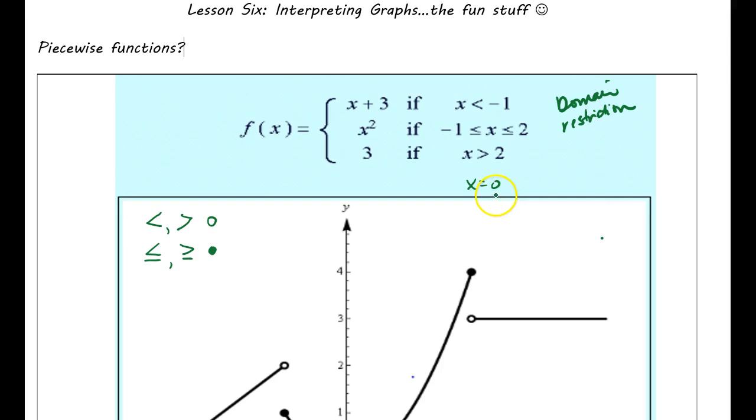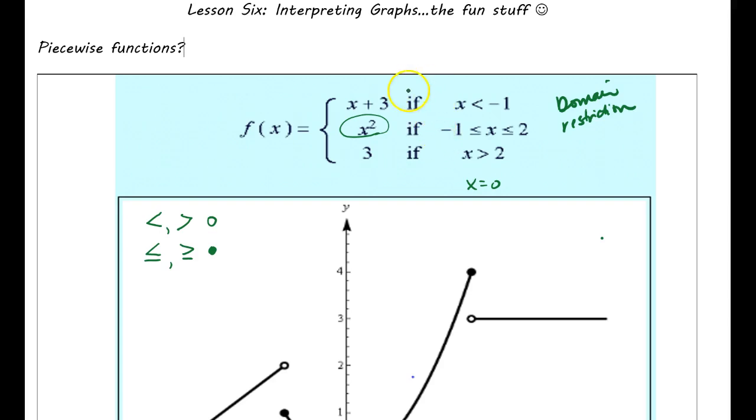In other words, is 0 less than -1? Well, no, it's not. Is 0 between -1 and 2? Yes, it is. So if 0 is between these two numbers, that would tell you to use this equation. Plug your 0 in, so 0 squared is 0, and you can get it that way.